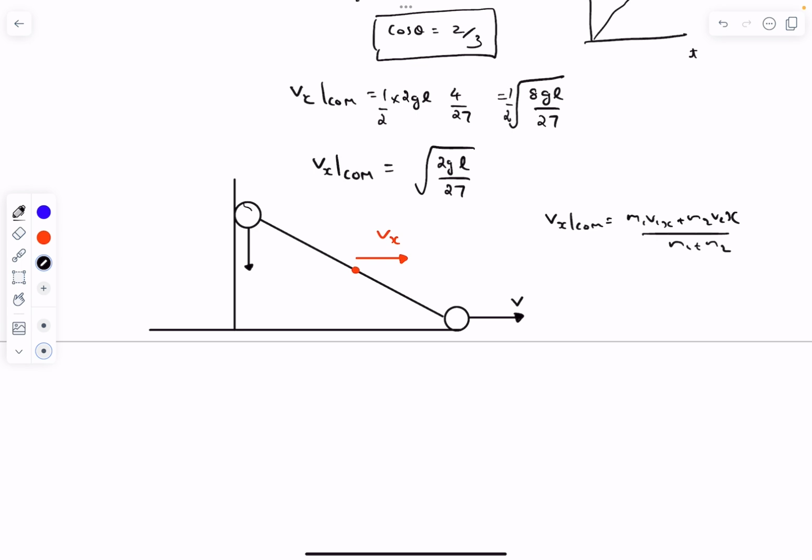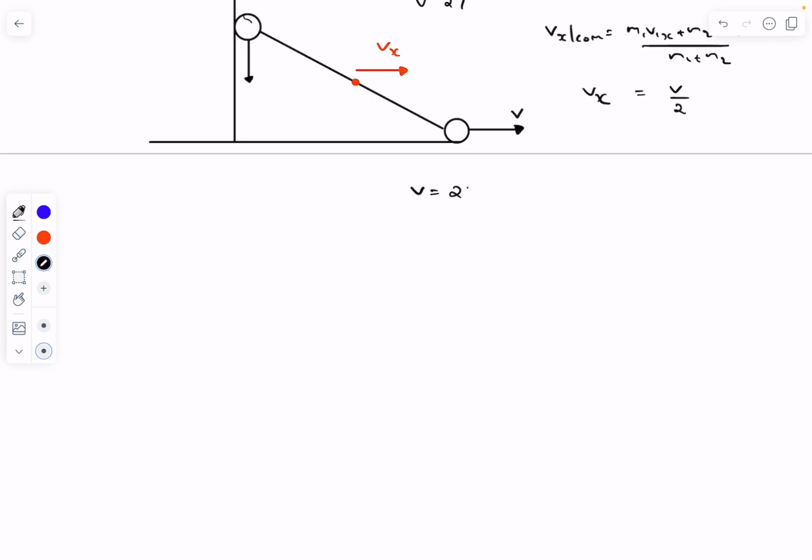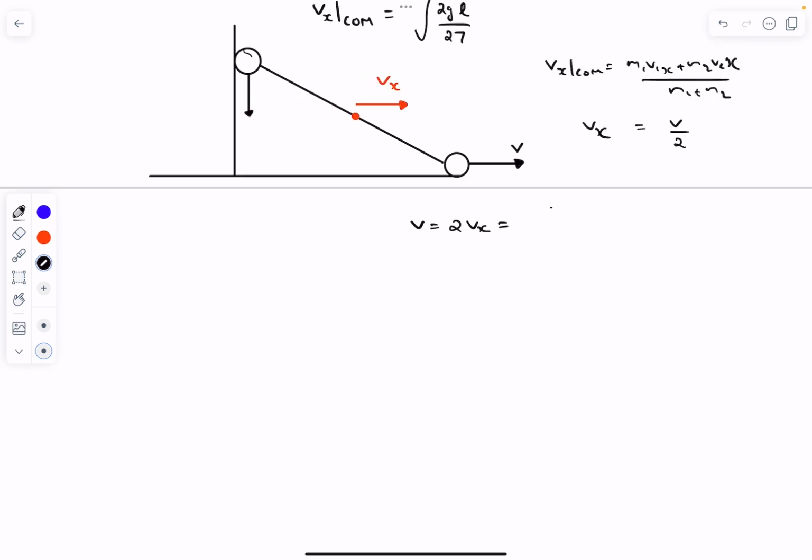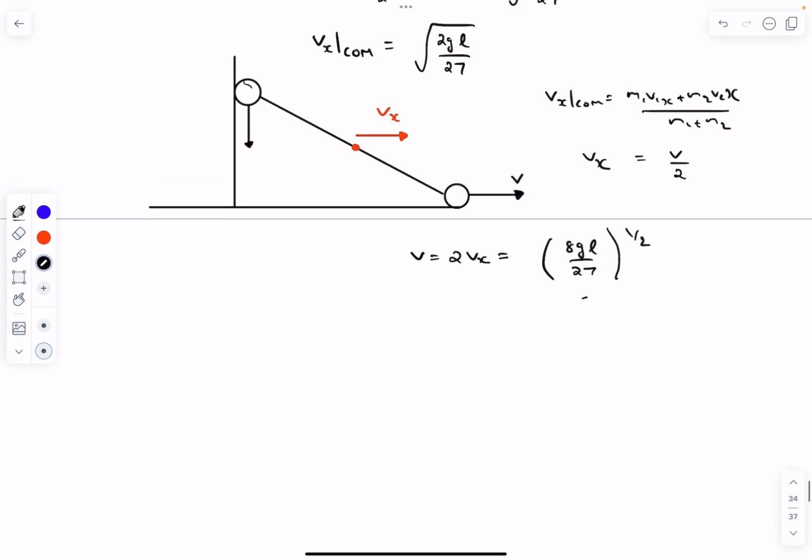Both of them have the same mass and one of the balls has no horizontal velocity. So this would just become v by 2, and the LHS is Vx. So v would just become twice Vx, which is the square root of 8gl by 27. Okay, so this would be our required answer in this case.